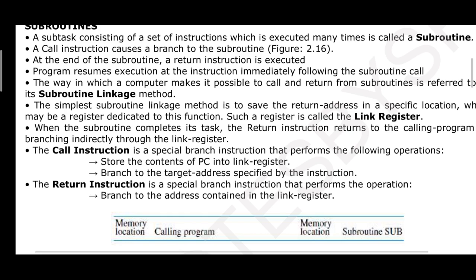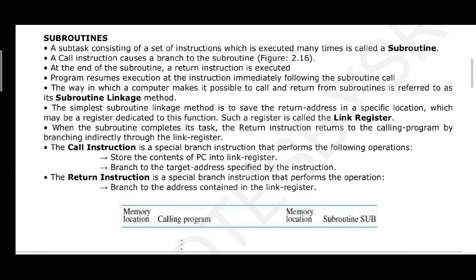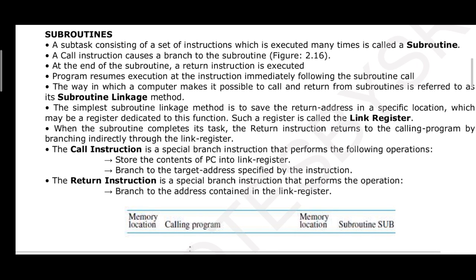The way in which the computer makes it possible to call and return from a subroutine is called the subroutine linkage method. The question of linkage comes here because control is being transferred from one place to another, so a method called linkage is required.